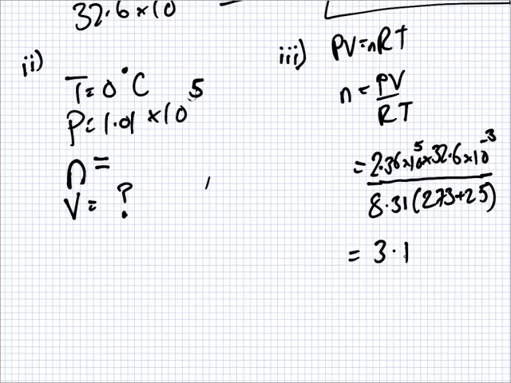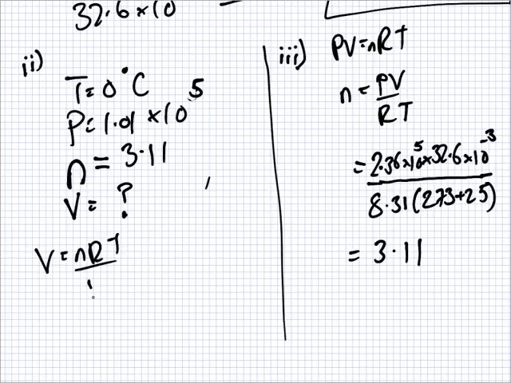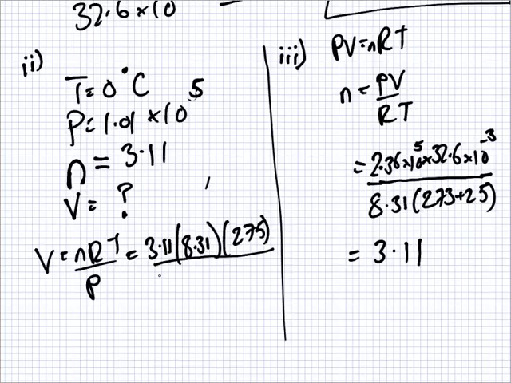No. You're right. 3.11 moles. So now I can use that here and get the V. So you have V equals nRT over P. That will be 3.11 times 8.31 times 275 over 1.01 times 10 to the 5.